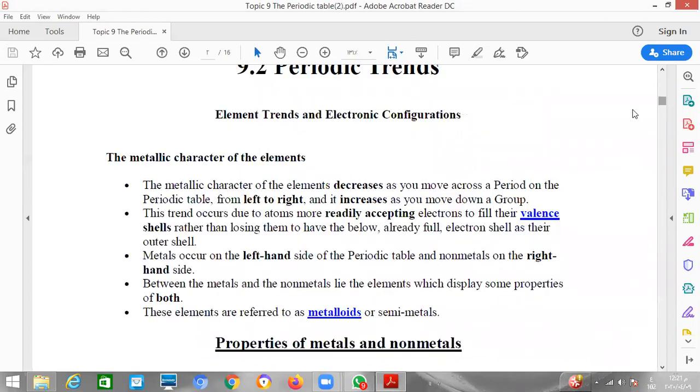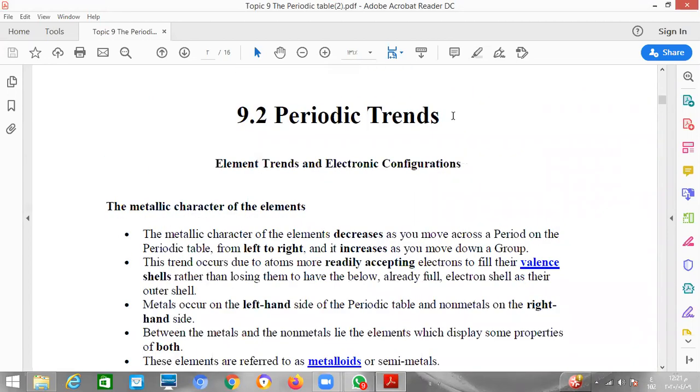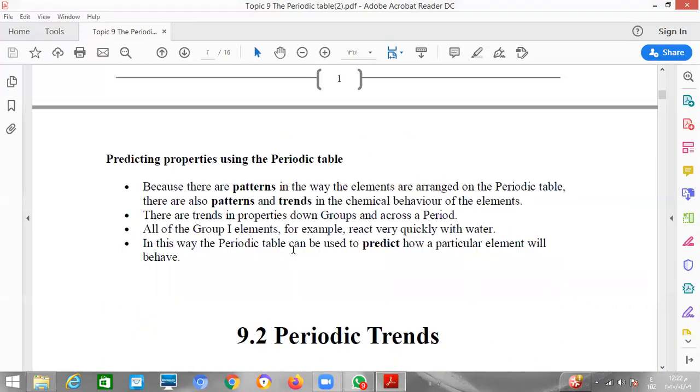Let's start with periodic trends. What does it mean, periodic trends? The metallic character of the elements decreases as you move across a period on the periodic table from left to right. What does it mean?